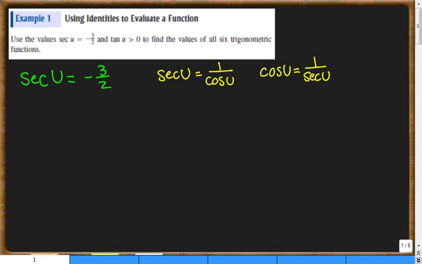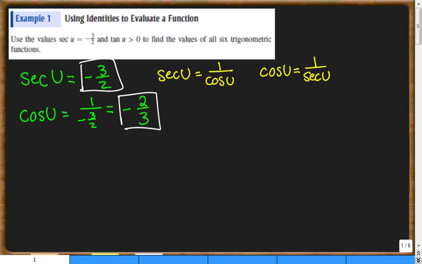So the cosine of u is going to be 1 over -3/2, which, if we simplify, is -2/3. So these two are solved for us.